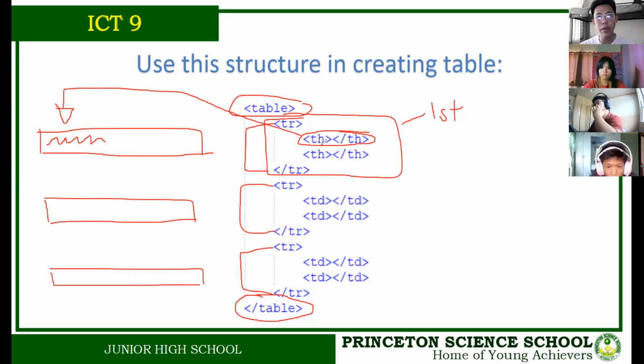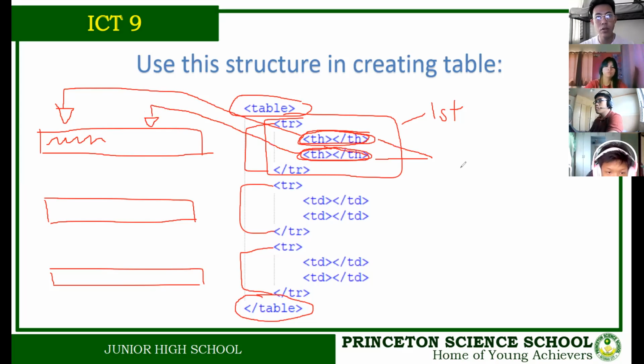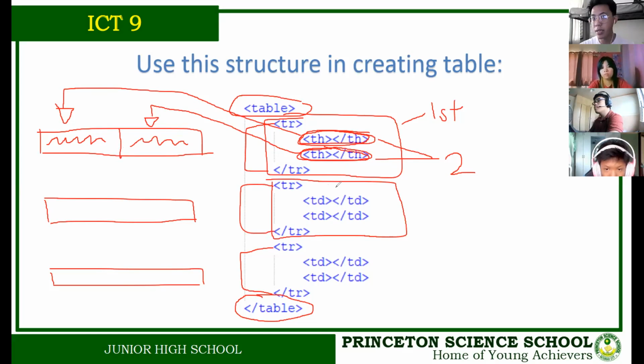Then, as you can see, we have two, one and then another one. For each one, it will be transferred into our row. So in this case, it is 2, 1, 2. The row will be divided into 2 and the contents will be there. And then for this one, same concept, but in this case, it is TD.